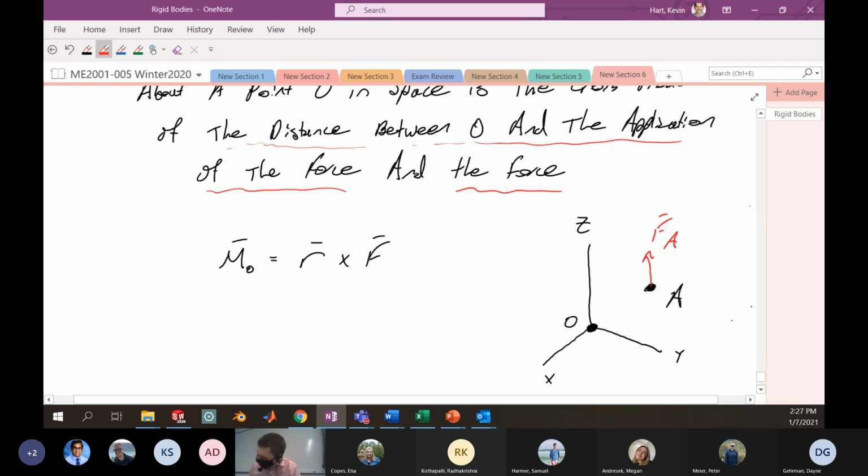And let's say that this is the force at A. Then the moment of this force about O is the cross product of the distance between A and O and the force at A. So we need a position vector here that locates point A, which is where the force is applied, and that is the position vector R.